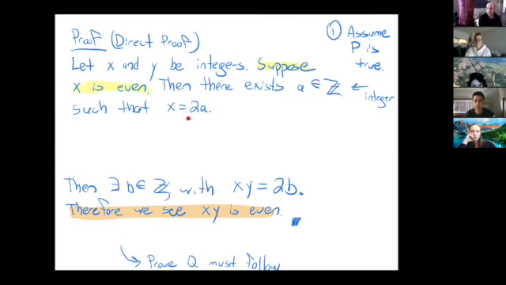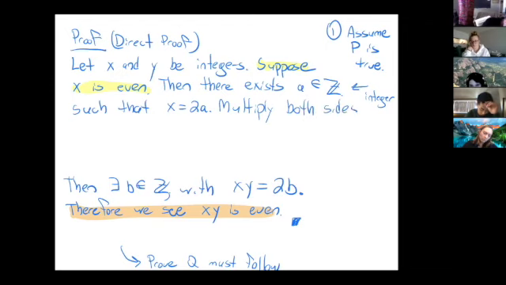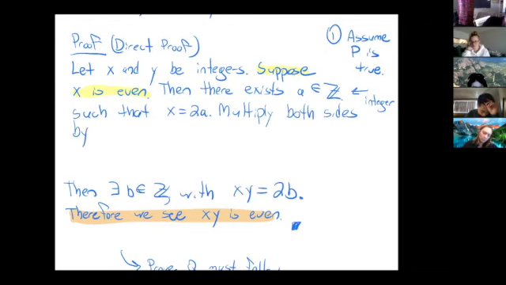So here I have an equation, right? As long as I do the same thing to both sides, the equation is going to be fine. So if you want to explain what you're doing, certainly, if you multiply both sides by y, then we get x times y is equal to 2ay.